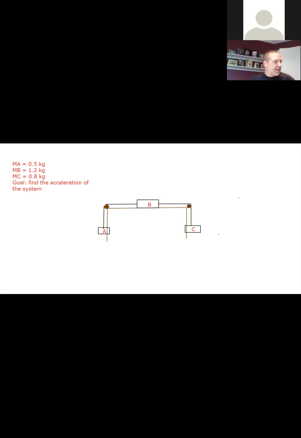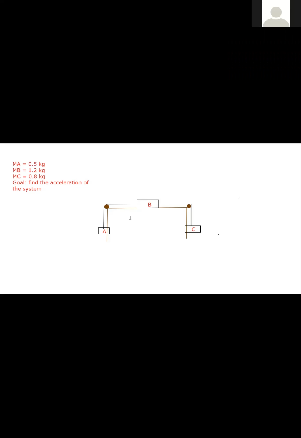Just a free body diagram. That's all we want to do here. All right, I'm going to draw it up here on the screen for you. Show you what it looks like.